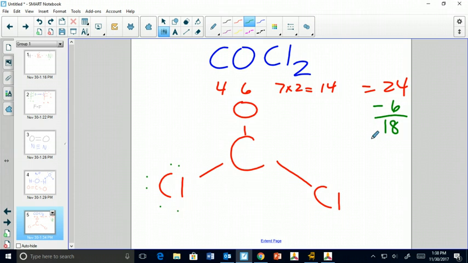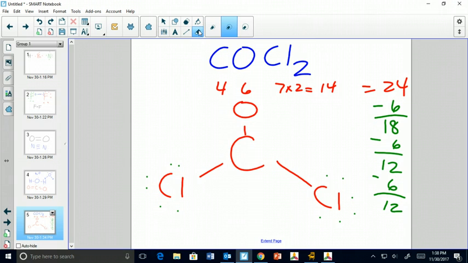So let's take away 6. So now I got 12. Let's add 6 more over here. 3, 4, 5, 6. So minus 6 gives me 12. Oops. Sorry, Mr. S can't add today. My apologies. Minus 6 gives me 6 is what I meant to say. And then I've got 6 left.